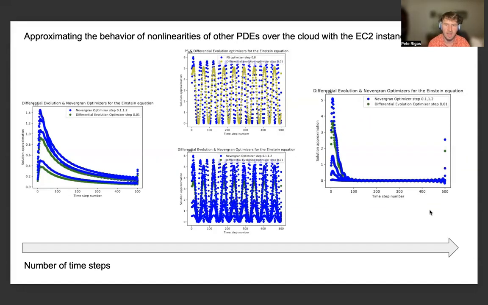And as we vary the number of time steps, in this case 500, we're able to make use of the AWS EC2 compute as a cloud resource, again, for handling more complicated nonlinearities in a completely different area, rather than how waves propagate and how waves can potentially stabilize in time.